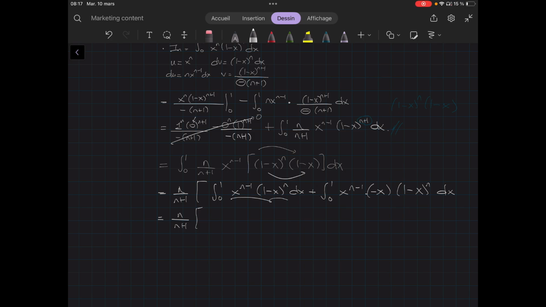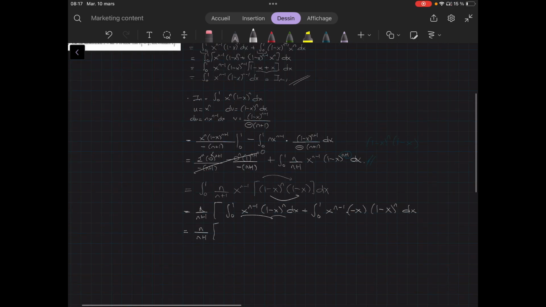This part, as we've shown earlier, is a half of I n minus 1. Second part, I'm going to make a minus here. That will get us to x to the n, 1 minus x to the n. This is your I n.